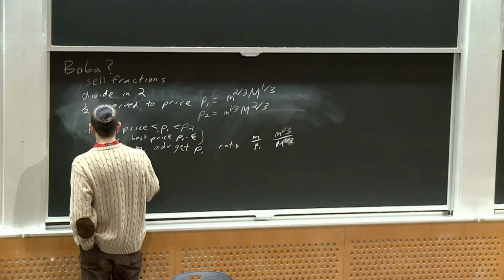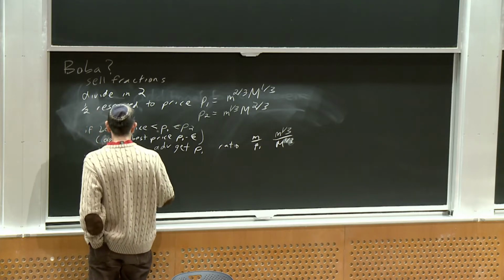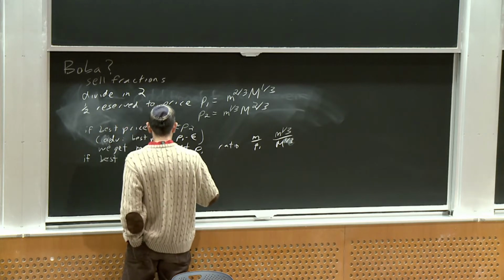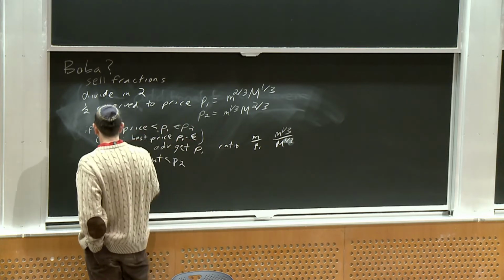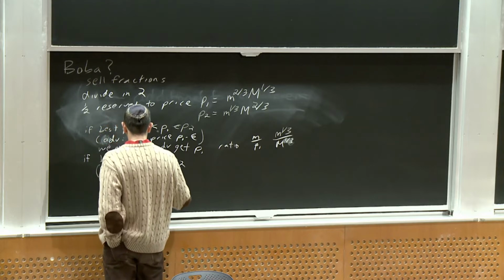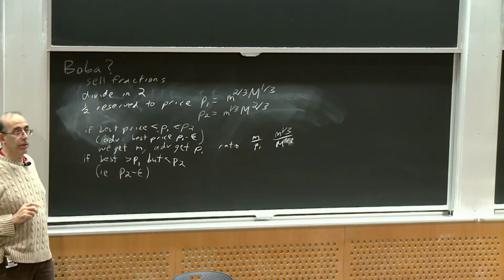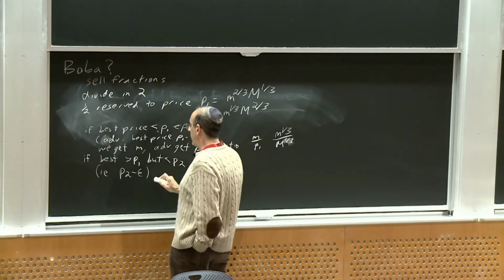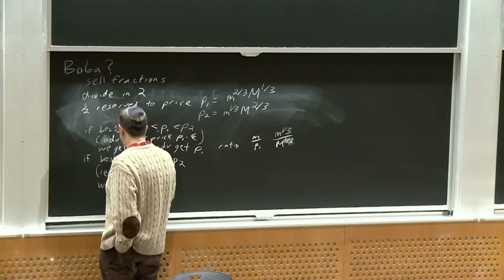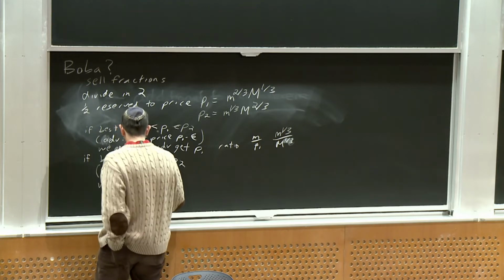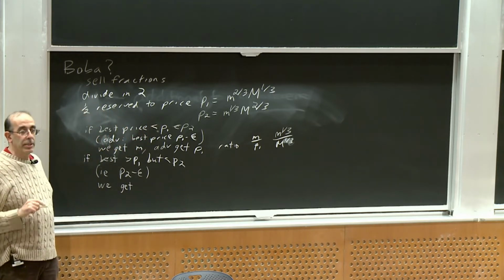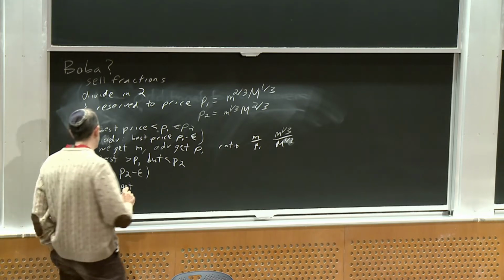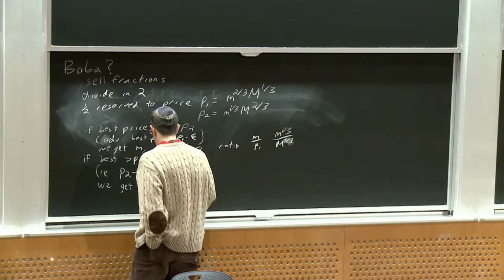If the best price is bigger than P1 but less than P2, in other words, P2 minus epsilon is what the adversary picks to make things best for the adversary, then what do we get? Well, we have these two different reserve prices, but since it reached P2 minus epsilon, that means we sell half our batch at P1. So we get half P1.